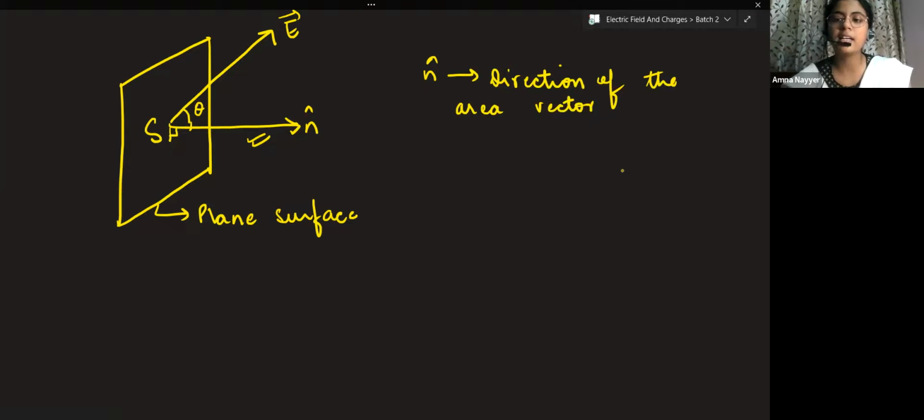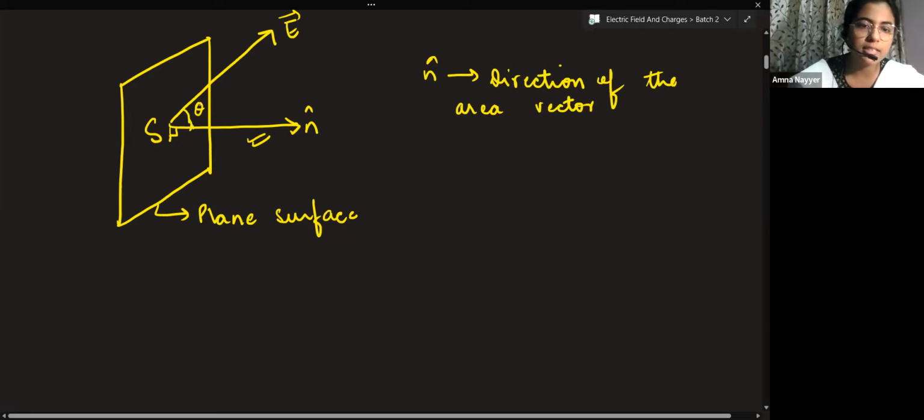So this angle theta that we take is the angle between the electric field lines and the normal to the surface. This angle theta is not the angle with the plane surface. This theta is the angle between the electric field line and the normal. It is not making an angle theta with the plane surface. Had it been making the angle theta with the plane surface, then it would have been in this manner, electric field line with this theta.